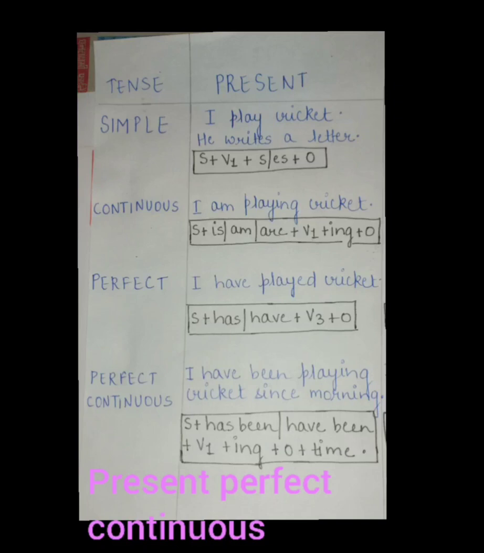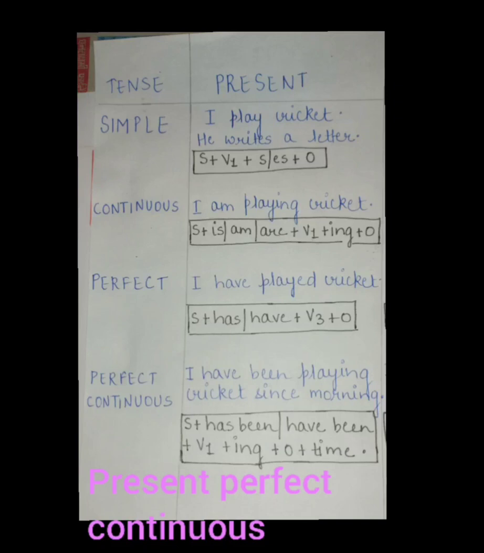So what will be the rule for this? Subject plus has been or have been. Here also you will choose has and have according to the subject. If subject is singular, you will be taking has been. If subject is plural, you will be taking have been. Okay. Then plus verb first form plus ing plus object plus time.